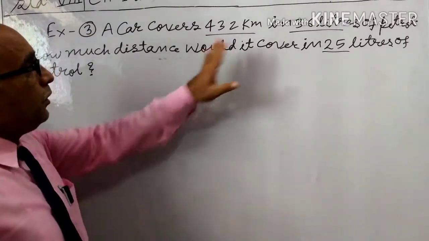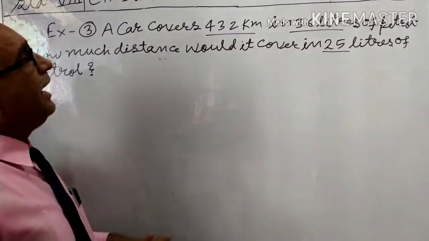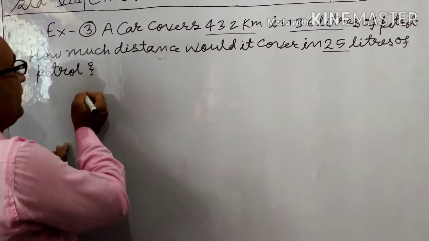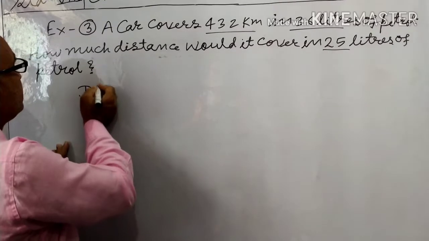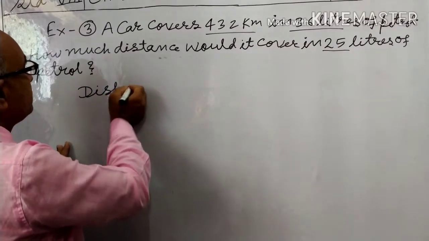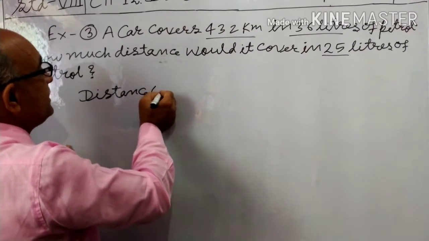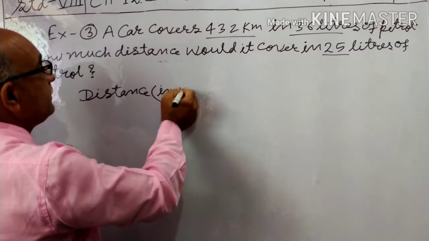Here two terms: one distance and the other quantity of petrol. So in the first column, write distance. The unit of distance is kilometer.